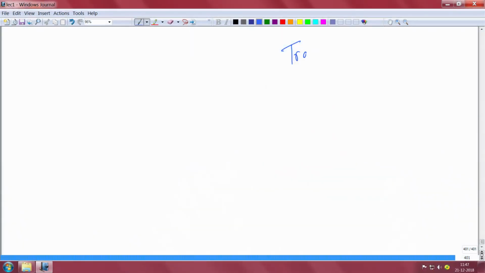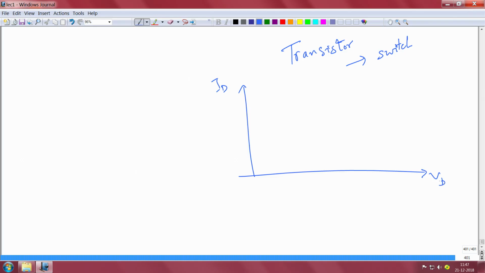We'll continue from there. We'll come to the whiteboard, and as we recap the last lecture, recall a transistor as a switch. Here I am plotting the output current, and here the output voltage. When it is on, it has to conduct very high current at very low voltage.